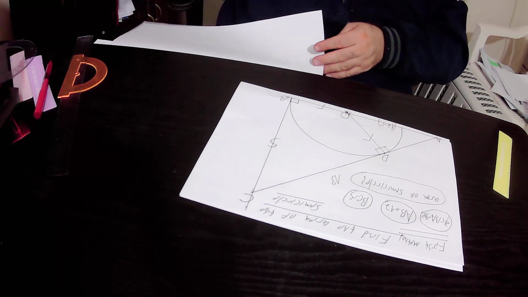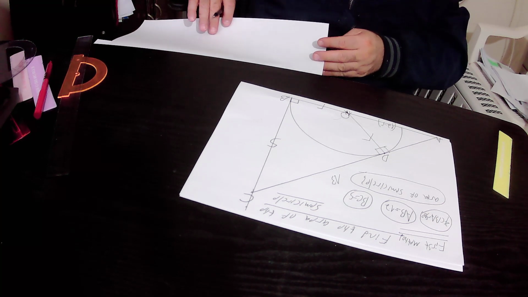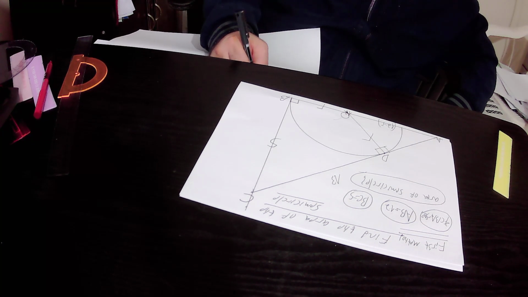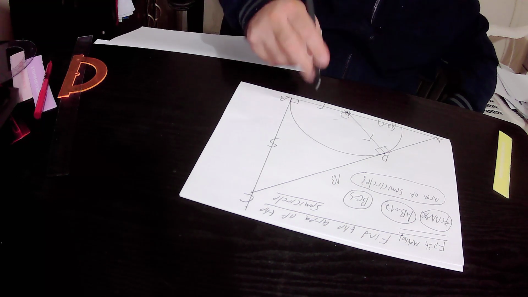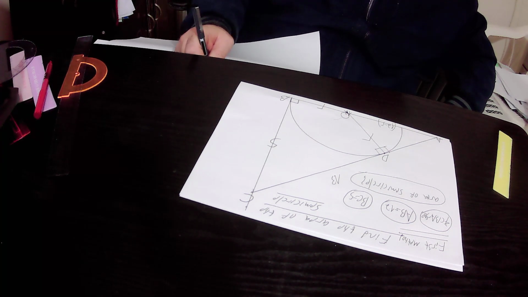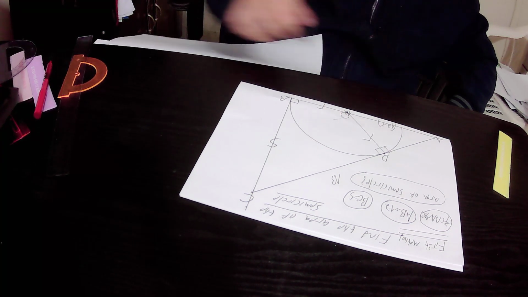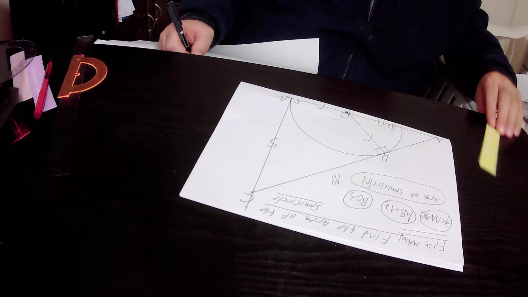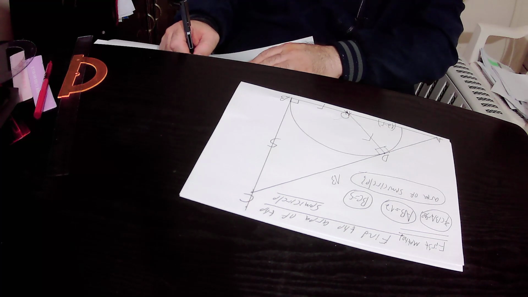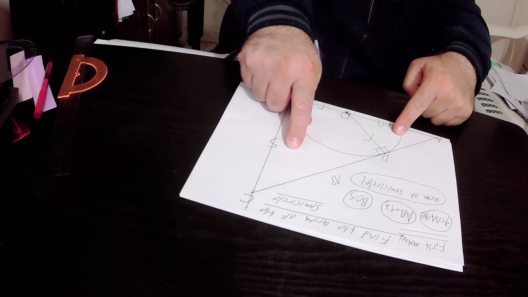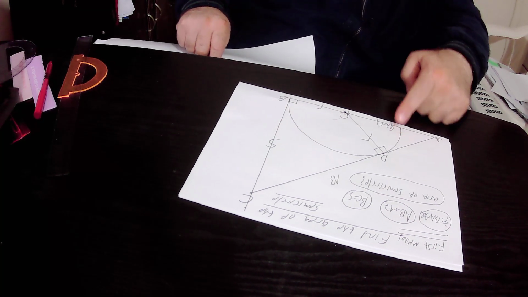So we'll focus on the big right triangle ABC, and also on the small triangle ADO. We will actually prove that those two triangles are similar to each other. Why are they similar to each other?